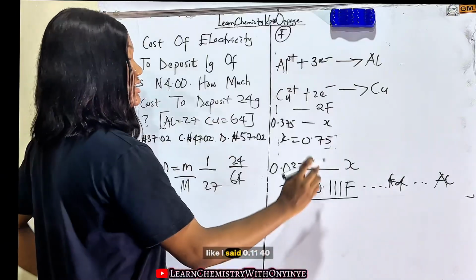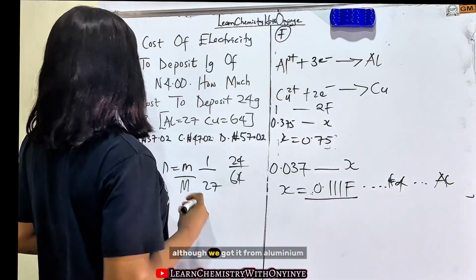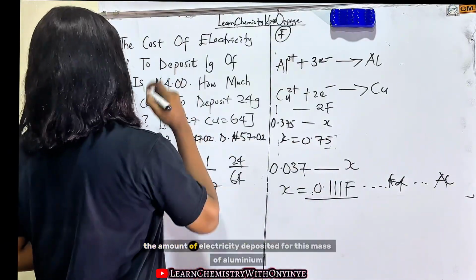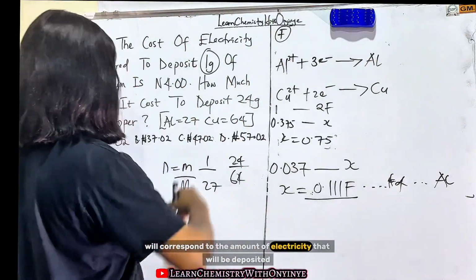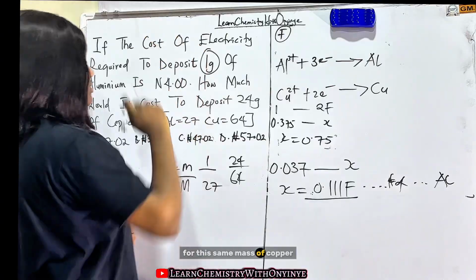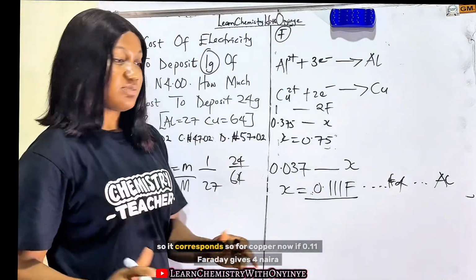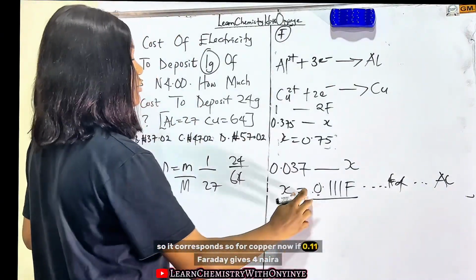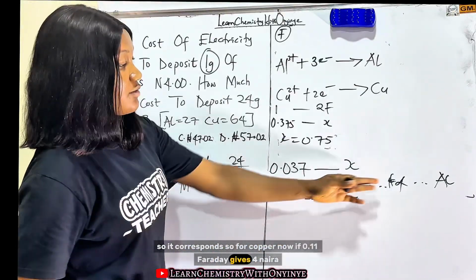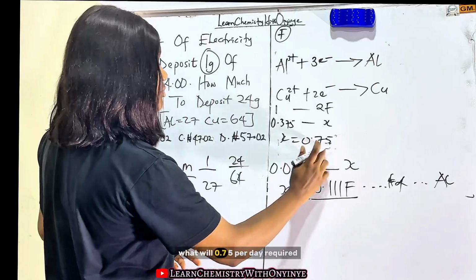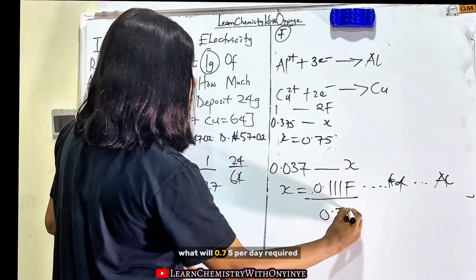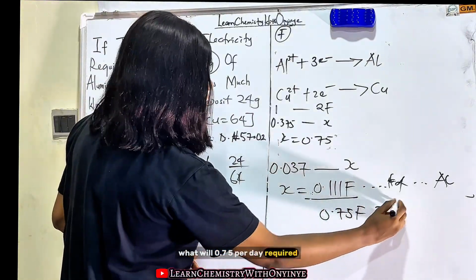Like I said, 0.11 Faraday, although we got it from aluminium, the amount of electricity for this mass of aluminium will correspond to the amount of electricity for this same mass of copper. So for copper now, if 0.11 Faraday requires 4 naira, what will 0.75 Faraday require?